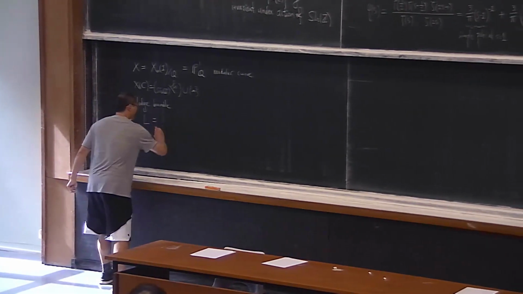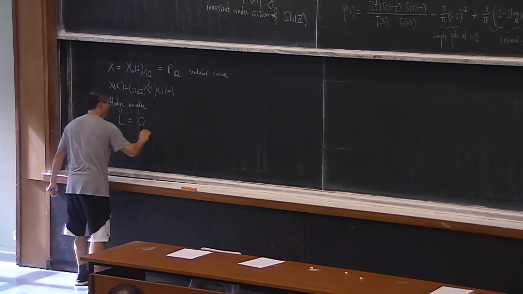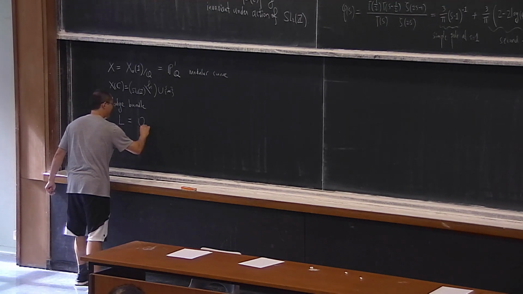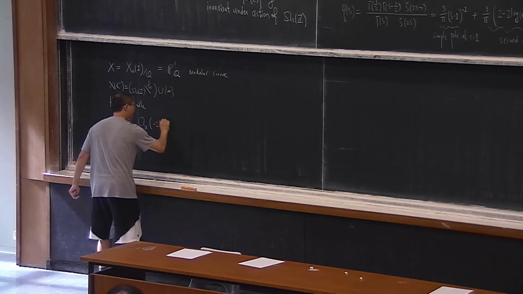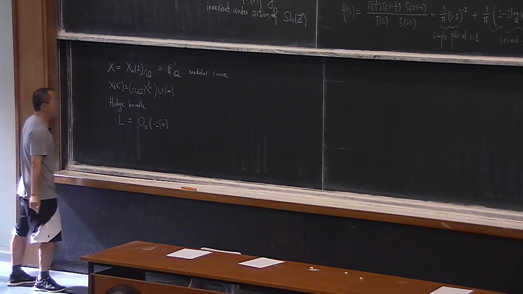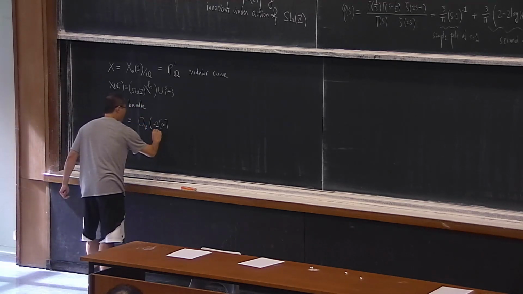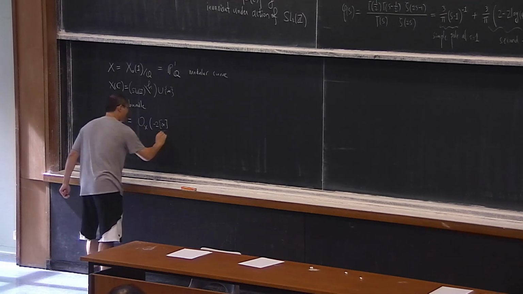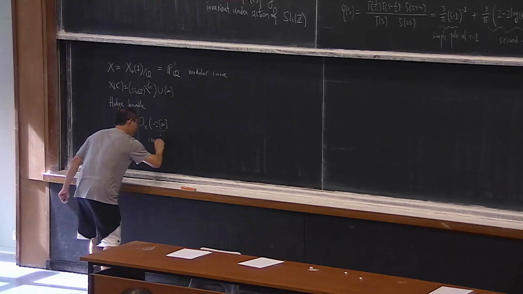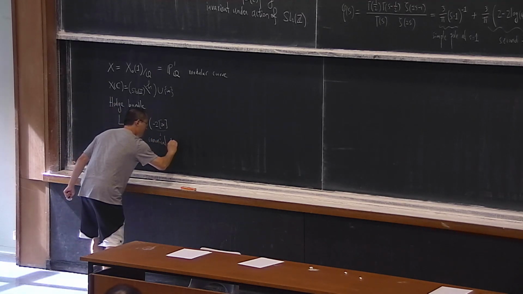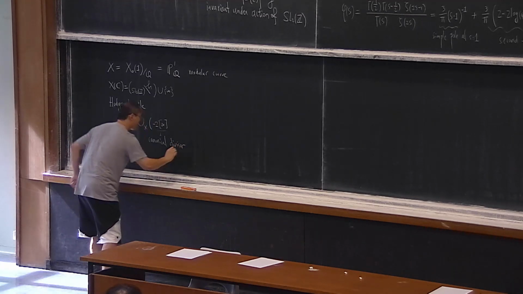So that will be O_X(-2 infinity), where infinity is the cusp. But this minus 2, to me, is basically the canonical bundle, or canonical divisor.